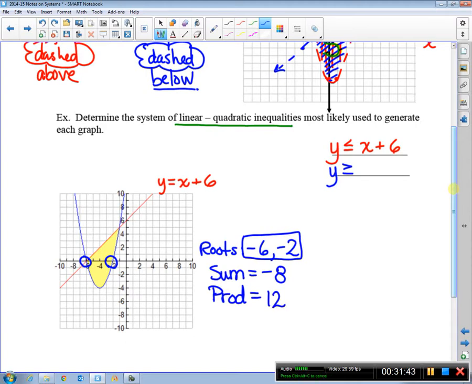And putting that together to make my quadratic, much like we did on that quiz, x squared, opposite of the sum in front of x, and the actual product. So there's our pretty good guess at that parabola. And it is shaded above.